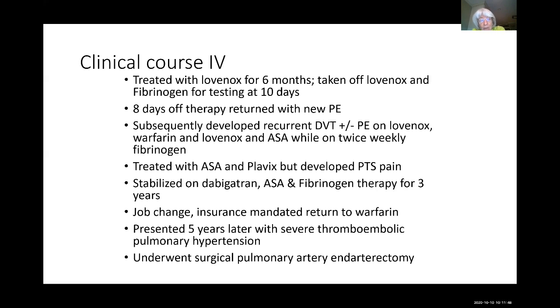And then, as happens to all of us Americans, a job change and an insurance change mandated a return to warfarin. And lo and behold, 5 years later, this individual presented with severe thromboembolic pulmonary hypertension and had to undergo major surgery to remove that pulmonary artery clot.